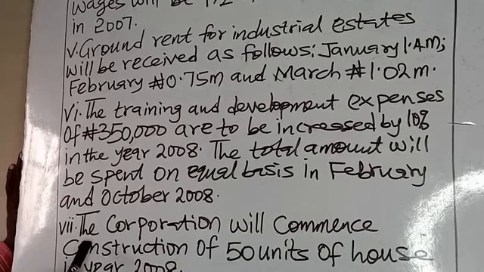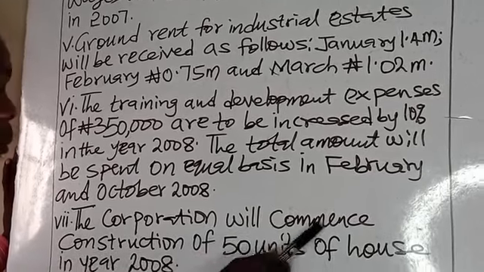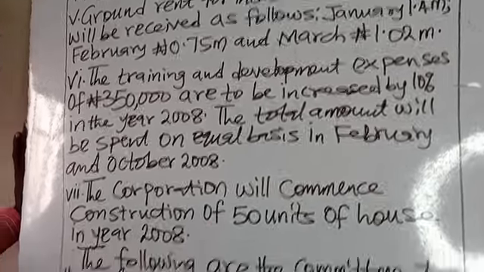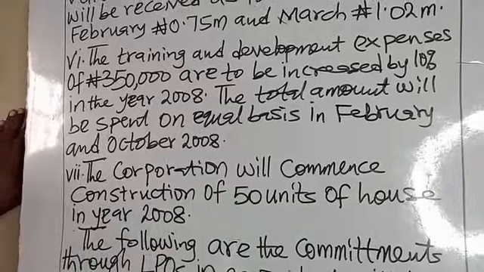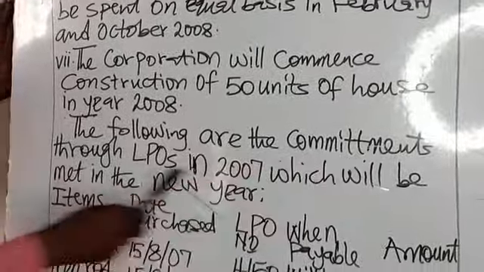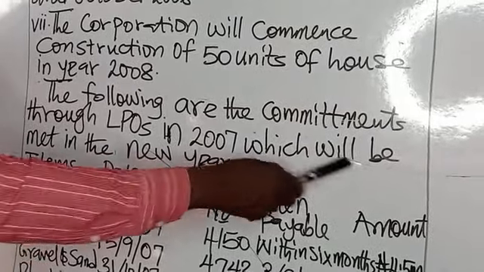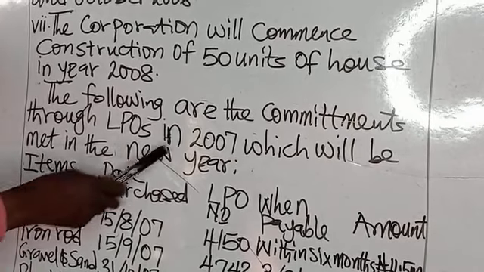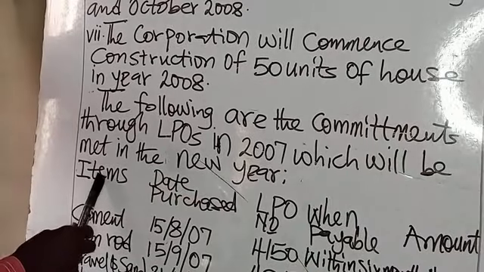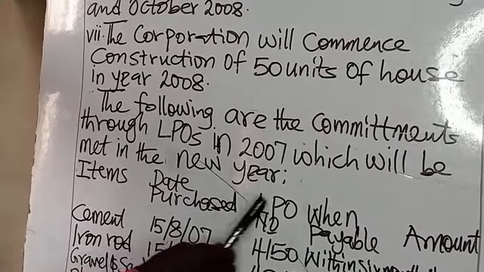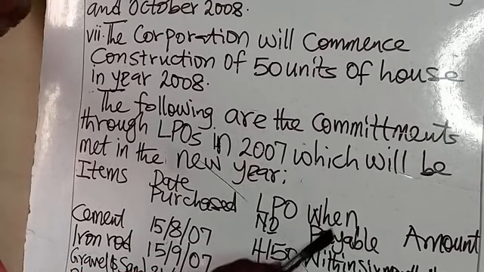Note 7. The corporation will commence construction of 50 units of house in year 2008. The following are the commitments through LPOs in 2007, which will be met in the new year. We have items, date of purchase, LPO number, when payable, and the amount.